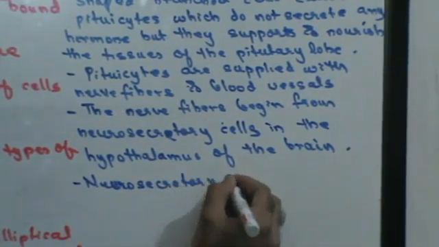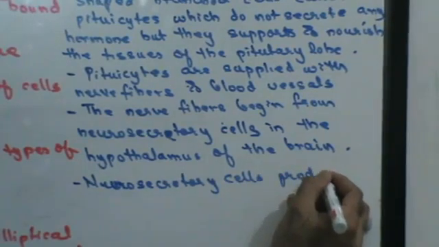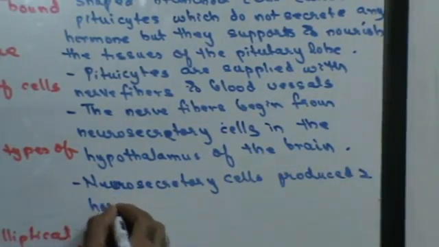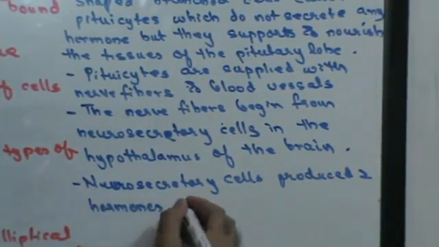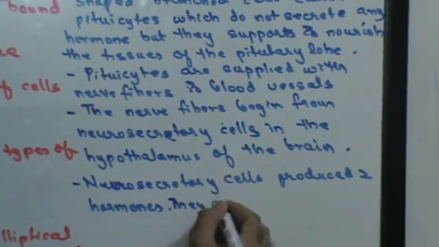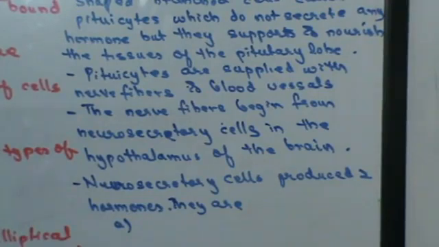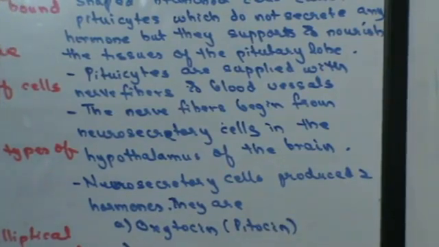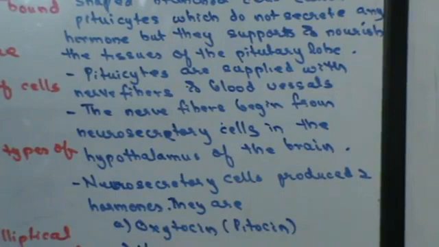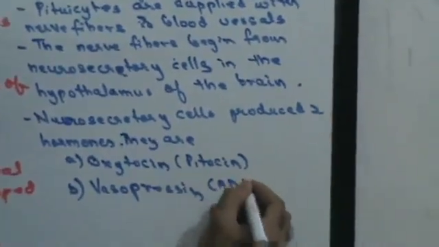One, they produce oxytocin, which is also called pitocin, and the second they produce is vasopressin, which is also called ADH.